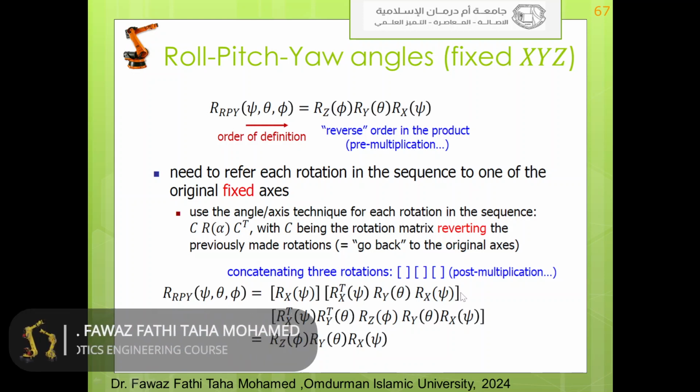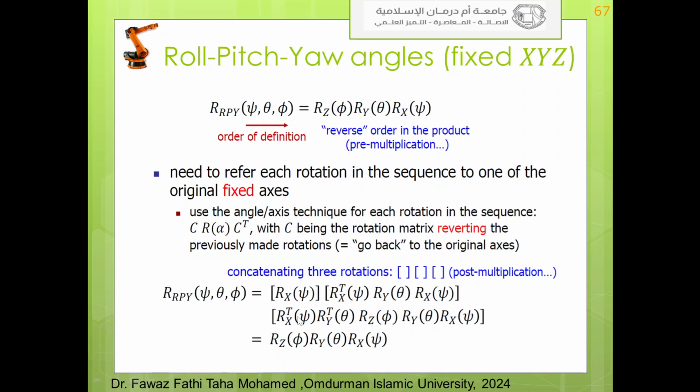The inverse for this is Rx. After that, in order to make a rotation around Z, I have to align our frame to the old frame XYZ.